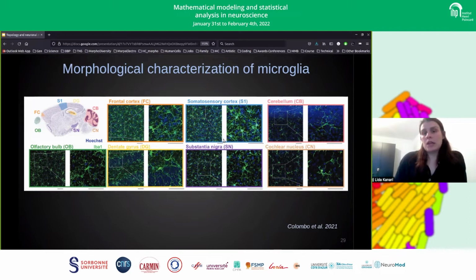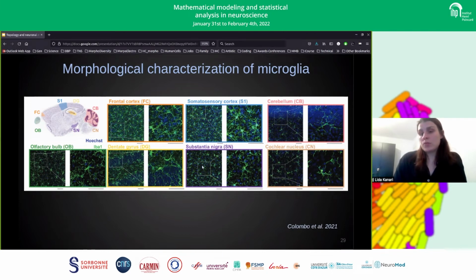Here you see an example of different brain regions, taken like photos from the microscope, by the group of Sandra Sigurd, with whom we have a collaboration at IST. They took these images from the different brain regions, and they identified that the shapes of microglia in these regions are very, very different.